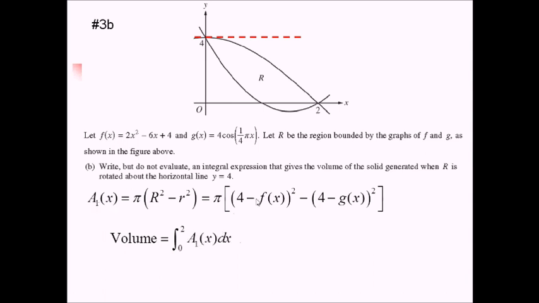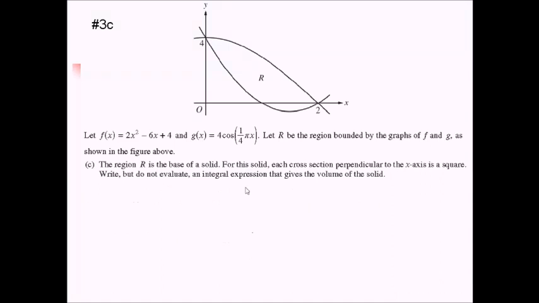I'm not going to rewrite all this because I already told them what it was. On this problem, we're told that region R is the base of a solid, and each section perpendicular to the x-axis is a square. Write but don't evaluate something for the volume of the solid. So let me get my cross-section area formula now. I'm going to write A sub 2 of x equals s squared.